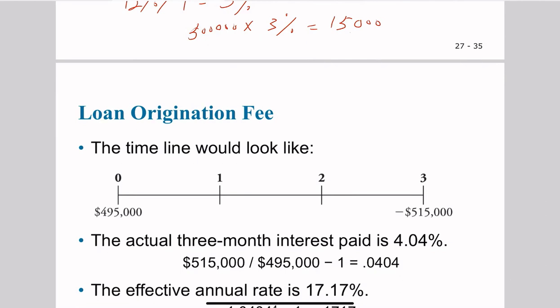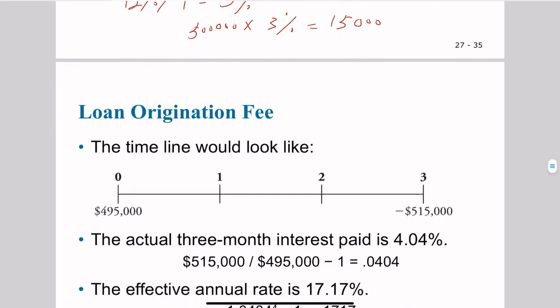And in this case, we can calculate the effective interest rate. You can see that the firm pays $15,000 of interest expense, and the firm gets this amount of money from the bank.